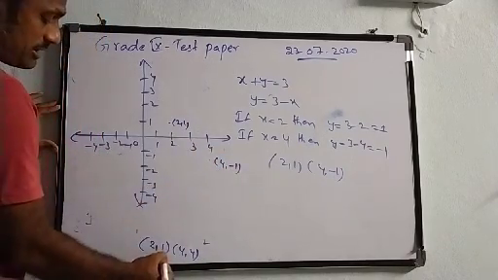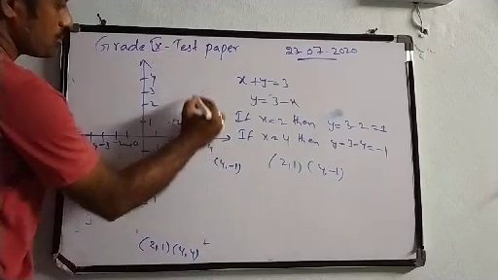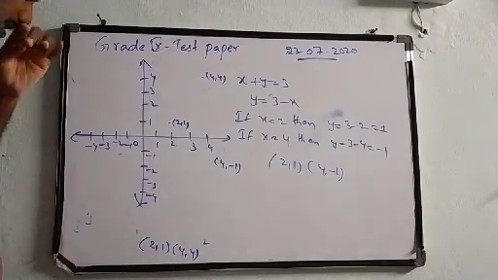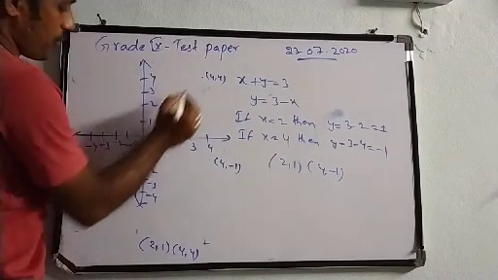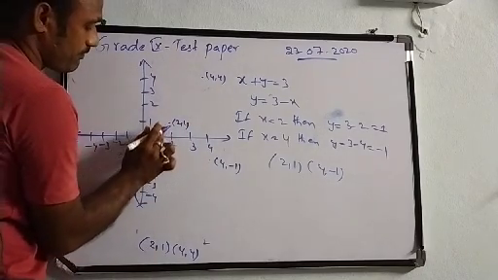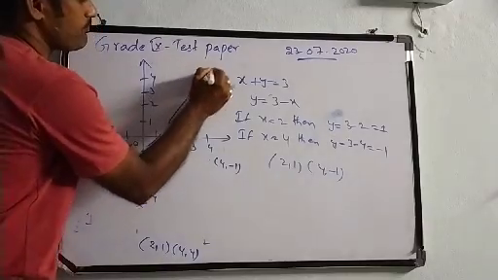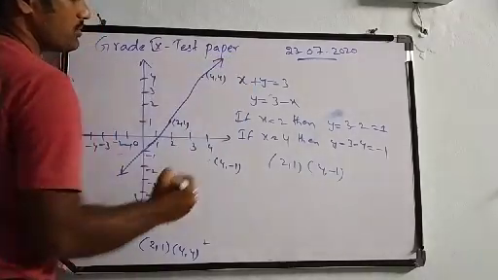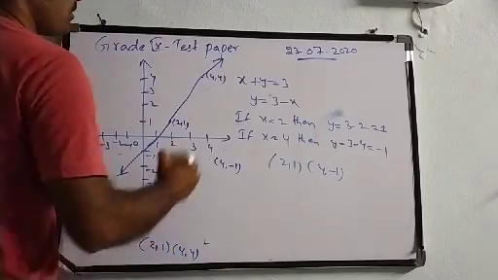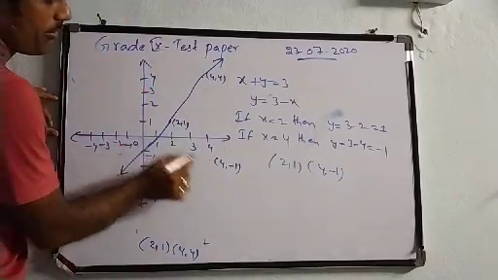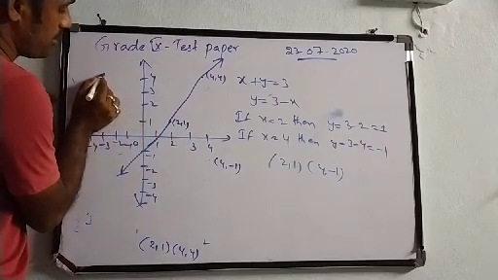So 2 comma 1 as it is, and 4 comma 4. So 4 comma 4 will be here. So 2 comma 1, 4 comma 4, we can draw a line. So this is the first line, and the second one 2 comma 1 and 4 comma minus 1.